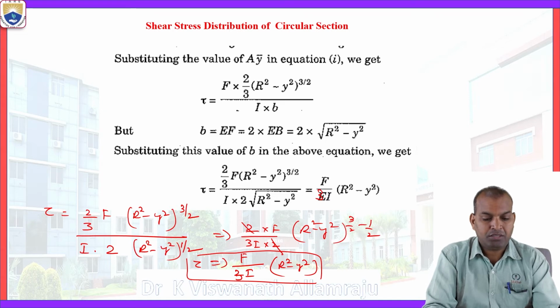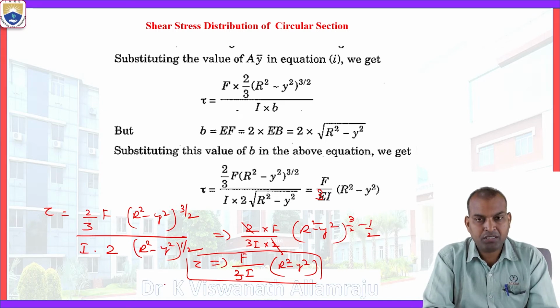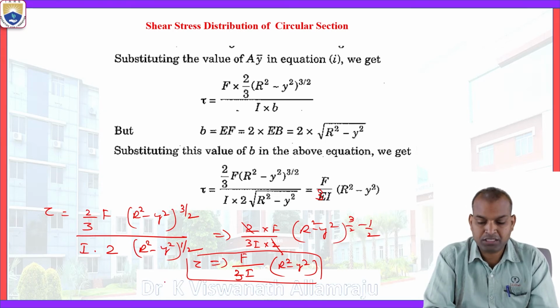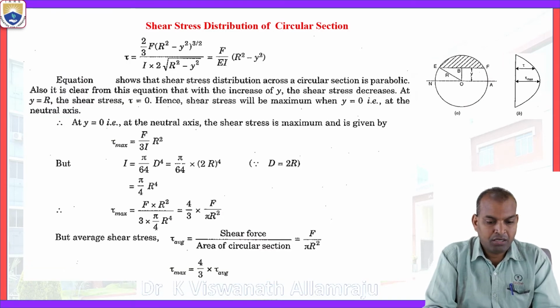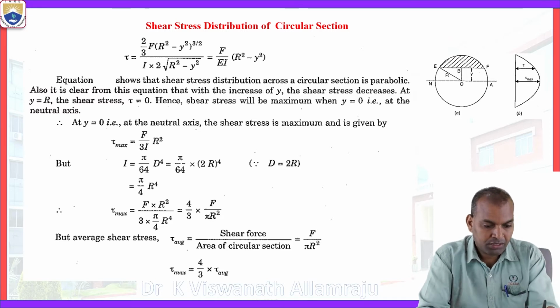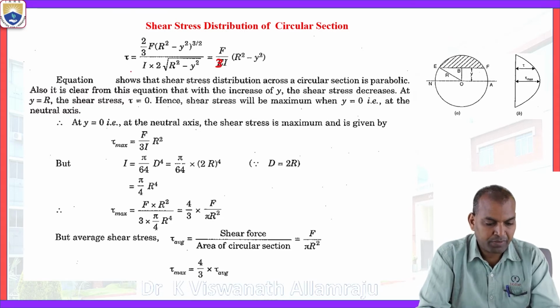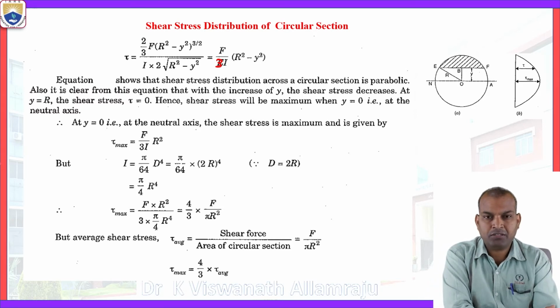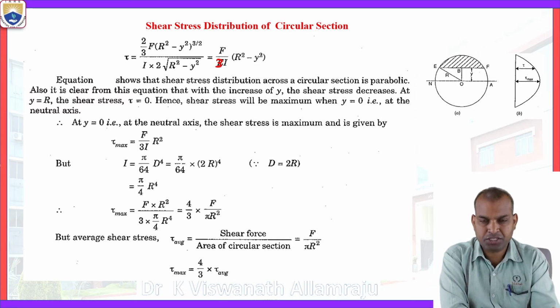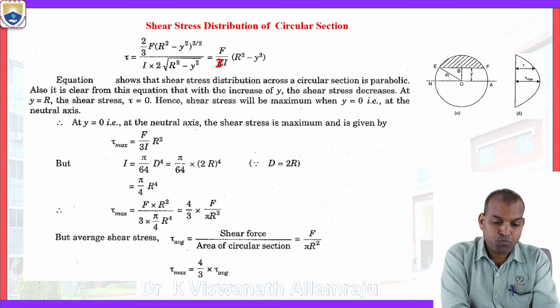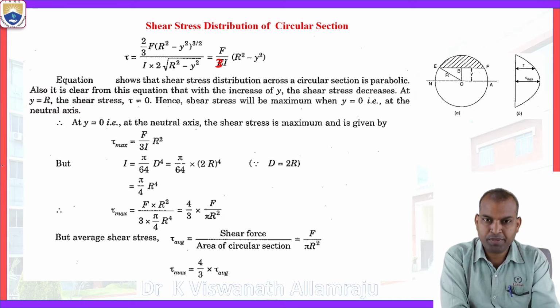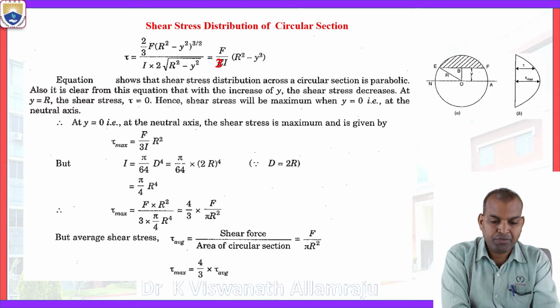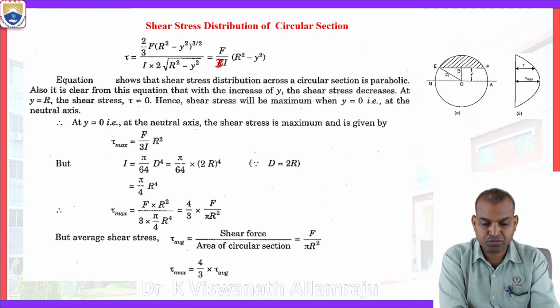This is the shear stress formula for a circular section: F by 3I times (R square minus Y square). If you want the maximum and minimum shear stress, if y equals 0, the shear stress becomes maximum.